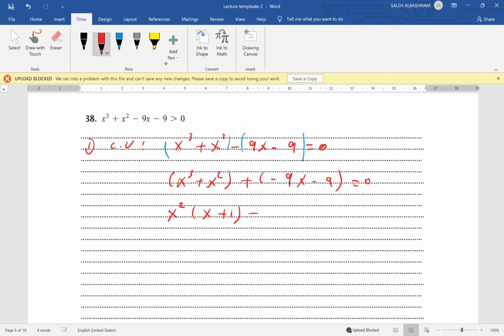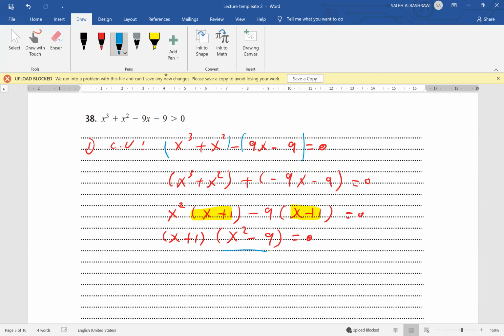And take minus 9 as a common factor from the second bracket, which will be x plus 1. Now we have x plus 1 as a common factor, and the remaining will be x squared minus 9 equal to 0.